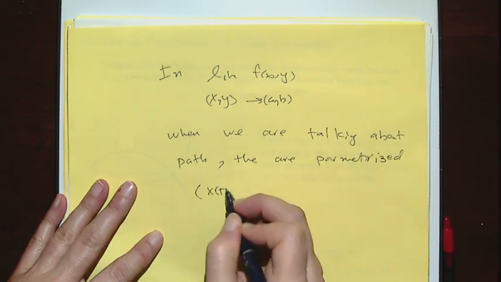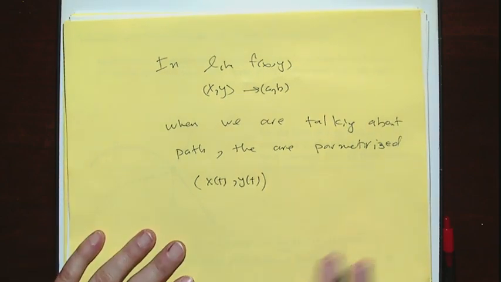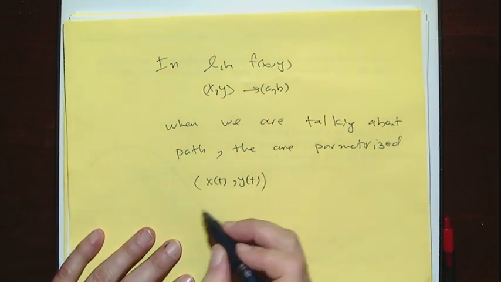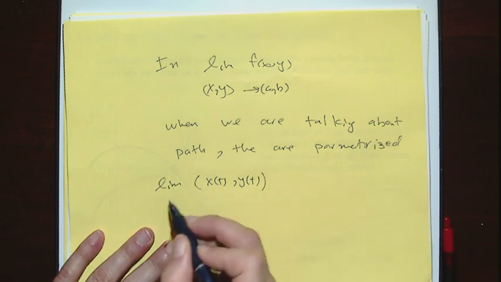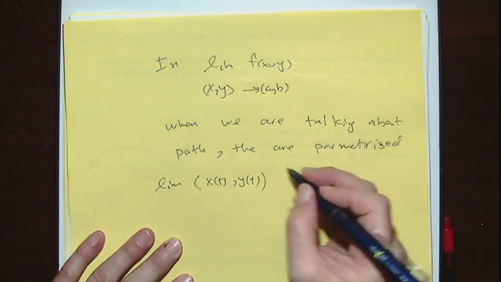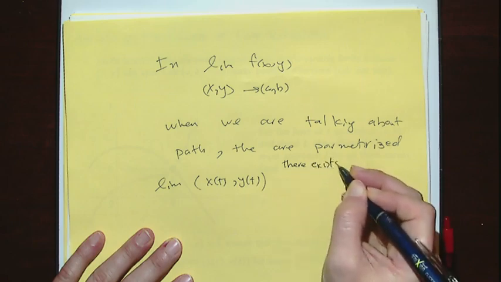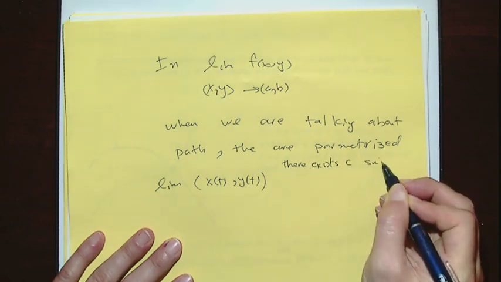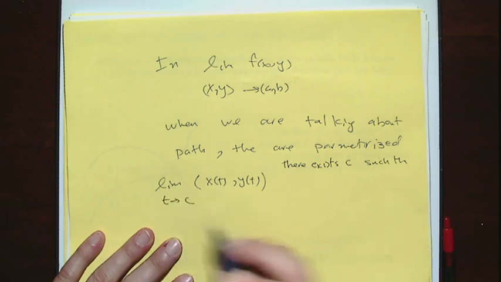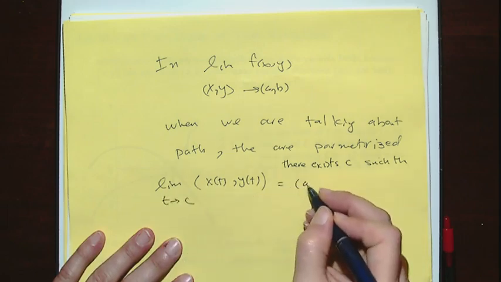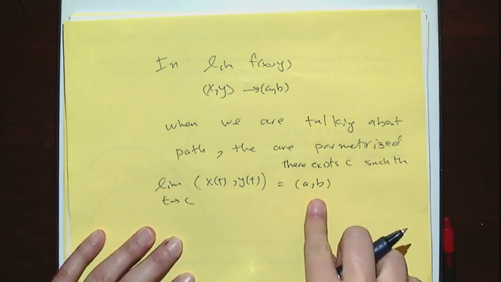Let's say x of t and y of t. And there's a funny thing about them. Limit of, there exists t, c, such that as t approaches c, this limit is going to be a and b. So the limit of the path is going to be a and b.